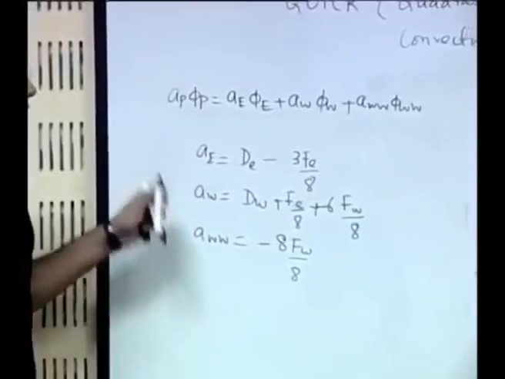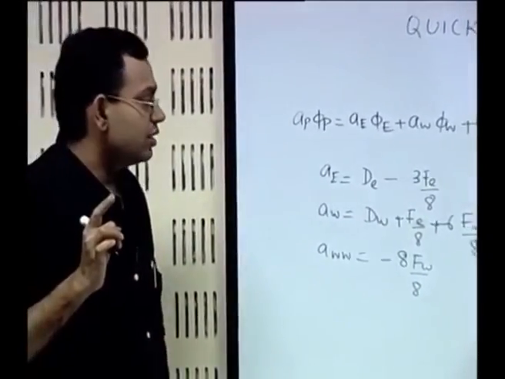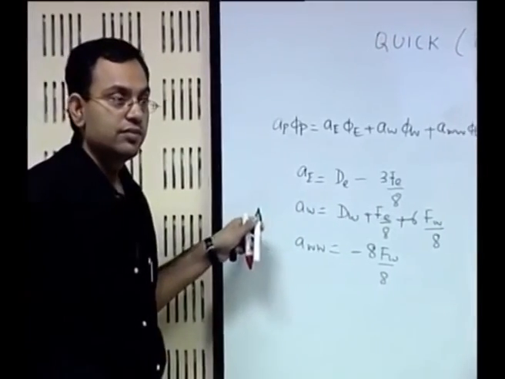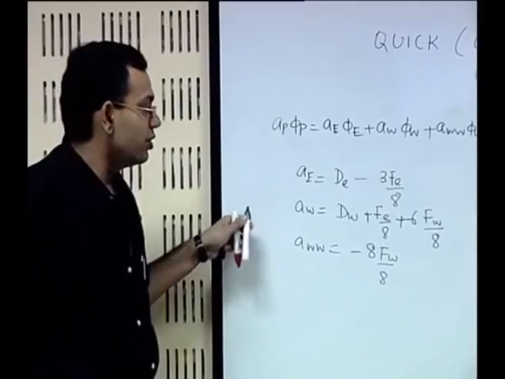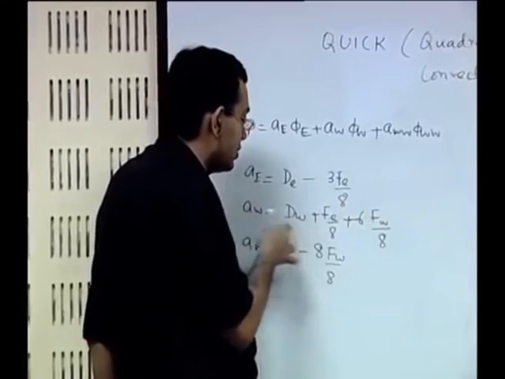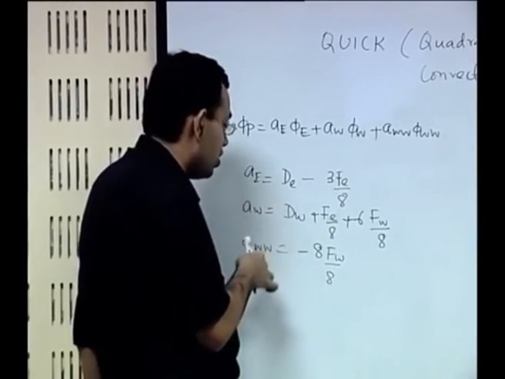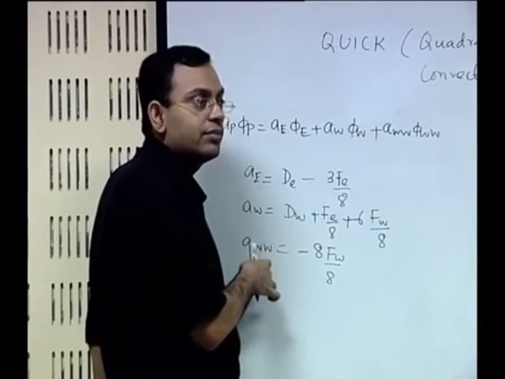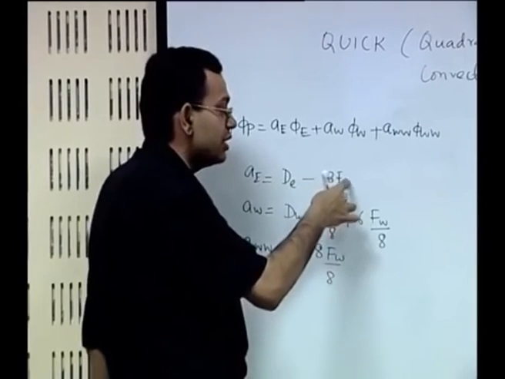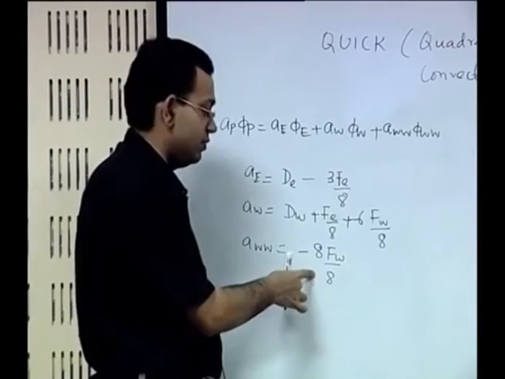So, you can clearly see immediately that this scheme has a problem, that all coefficients will not always be of the same sign. So, if you have dW, Fe and Fw all positive, which we have considered in this problem, then only AW is guaranteed to be positive, neither AE nor AWW is guaranteed to be positive. It depends on the relative advection and diffusion strength, relative Fe and dE, and AWW is always negative.